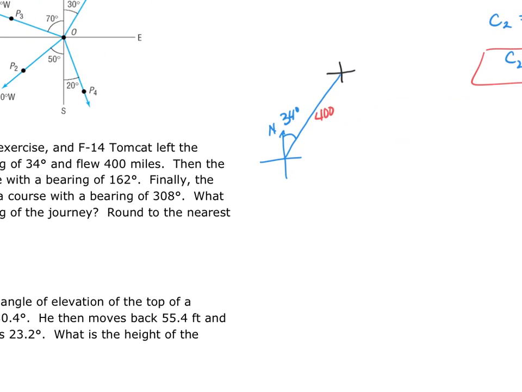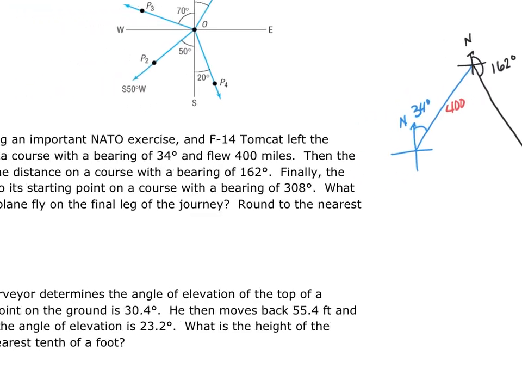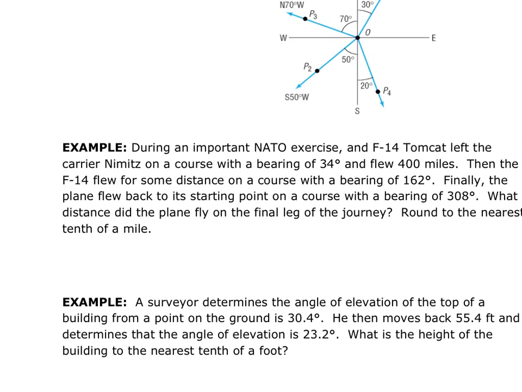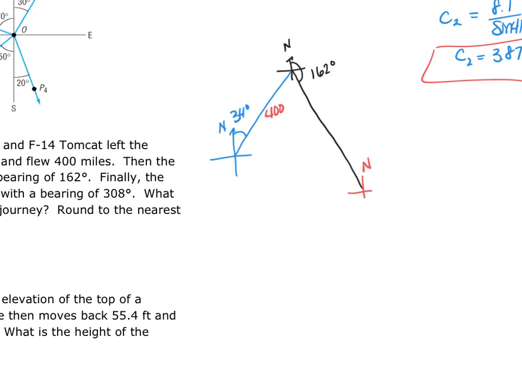From this, again, notice how I redrew my north. From this, it's going to go 162 degrees. So this angle is 162 degrees. And then at some point, again, notice how I'm drawing my axes again with the north pointing up, it's going to fly back with a bearing of 308 degrees.